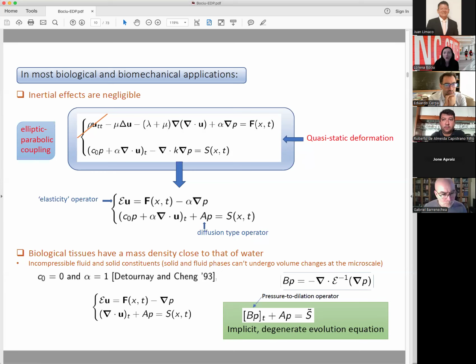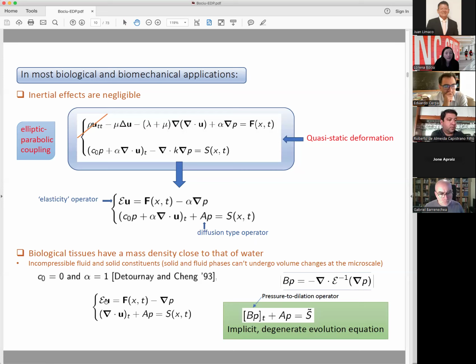So that means that the whole system can be written as one implicit degenerate evolution equation if I use this pressure to dilation operator B. So really what happens, ignore the source F on the right here. You can easily translate it, right?